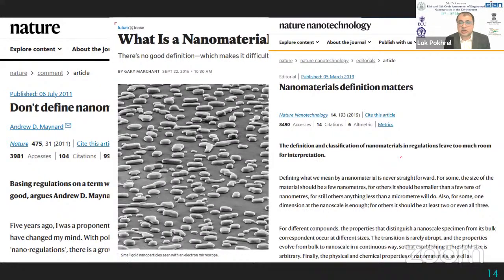However, it is still unclear what makes nanomaterial toxic. And we'll be talking more about the toxicity aspect later in the course. But the material definition, whether to have a definition or not to have a definition, both create a problem.